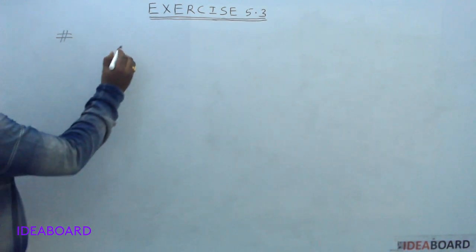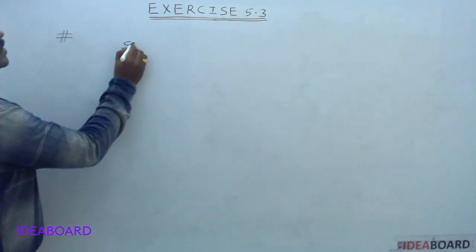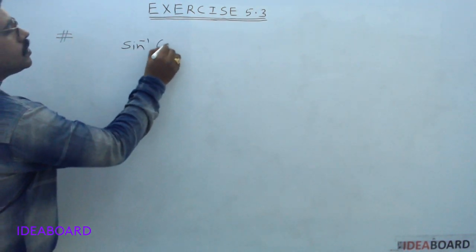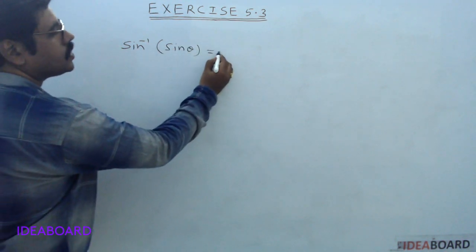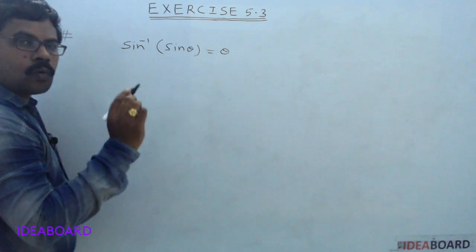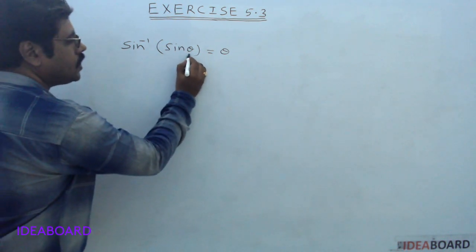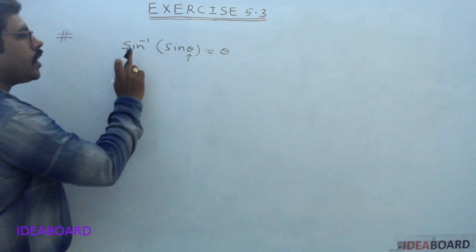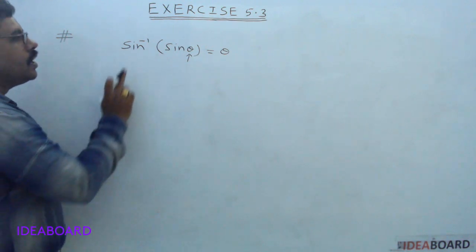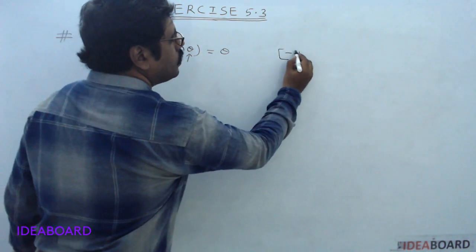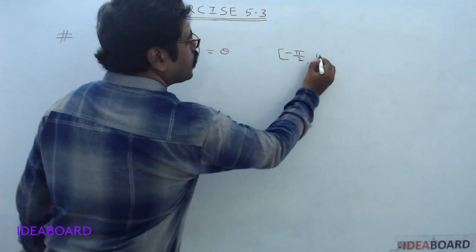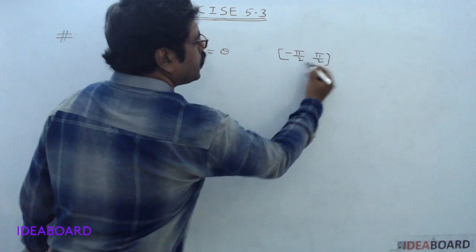Now come to the first point. Sine inverse of sine theta equals theta only when theta belongs to the range of sine inverse. The range of sine inverse is the closed interval minus pi by 2 comma plus pi by 2.